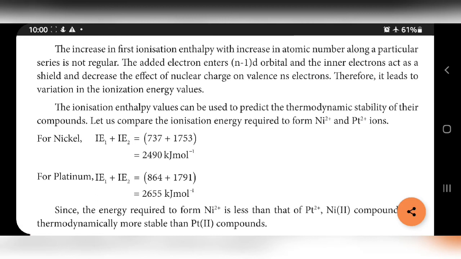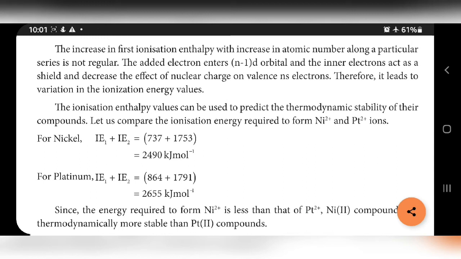The added electron enters the n-1 d orbital, and the inner electrons act as a shield and decrease the effect of nuclear charge on the valence ns electron. Therefore it leads to variation in ionization energy values. The increase in first ionization enthalpy with atomic number is not regular.